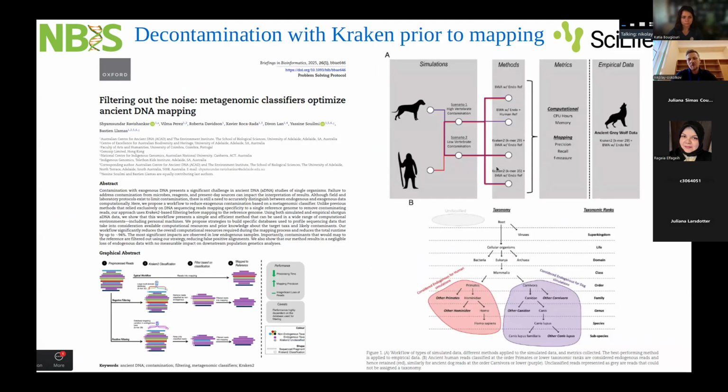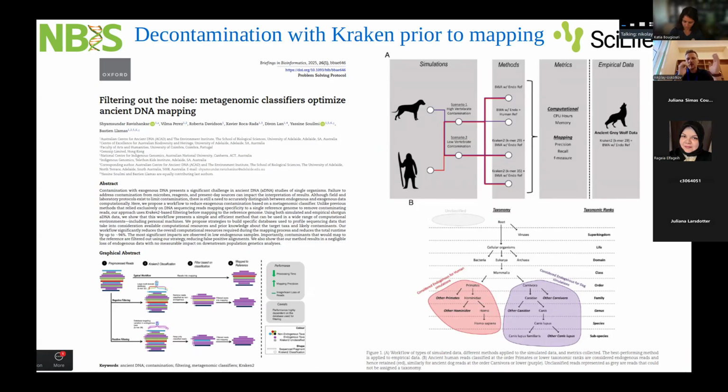Of course, prior to any ancient DNA pipeline, you can just apply Kraken. You can apply this k-mer based analysis to deplete your sample. If you're interested in only mammalian reads, you can quickly use Kraken to deplete your sample by removing microbial reads, for example.